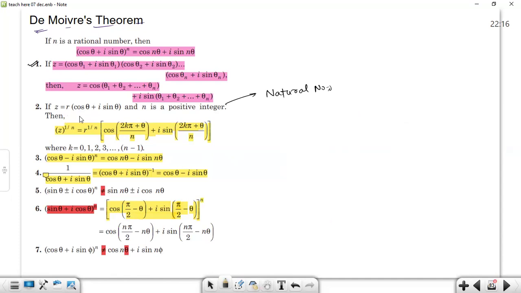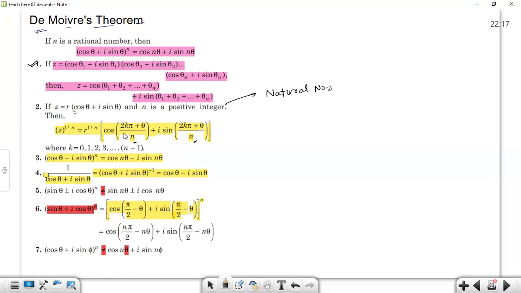Okay, so given that there is a complex number, if we change its power to 1 by n, what will happen? Simply the angles will get multiplied by 1 by n, so n is going to be written in the denominator. 2k pi is written for convenience, where k can also become 0.